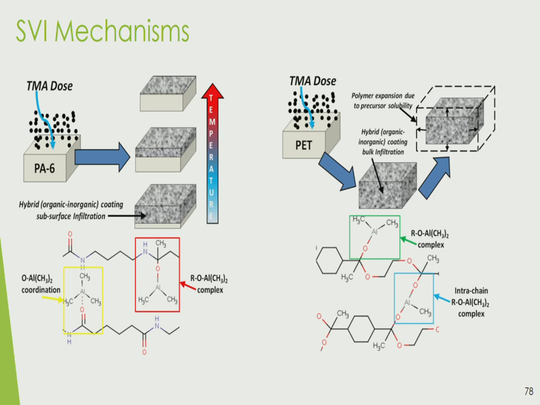In the PET case, the polymer volume is so large that the TMA can go in and infiltrate all the way into the middle of this material, and then the reaction gradually occurs and completely modifies the bulk of the polymer as we expose more TMA to it.